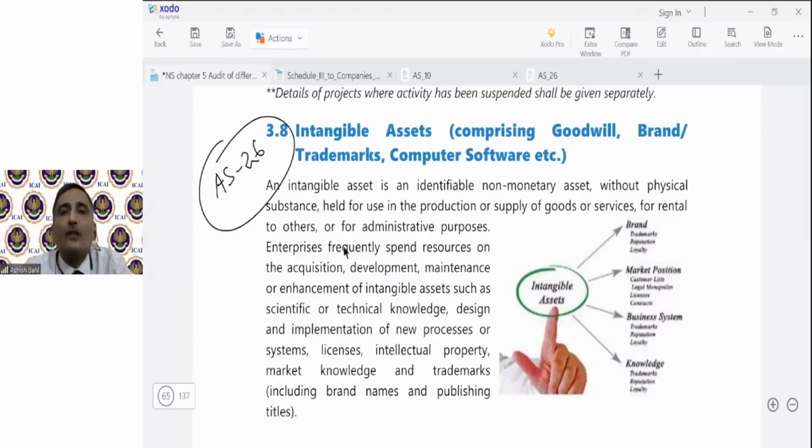So how the company is allocating its different direct overhead expenses for valuation of work in progress, that is the primary consideration for the auditor while valuing work in progress.